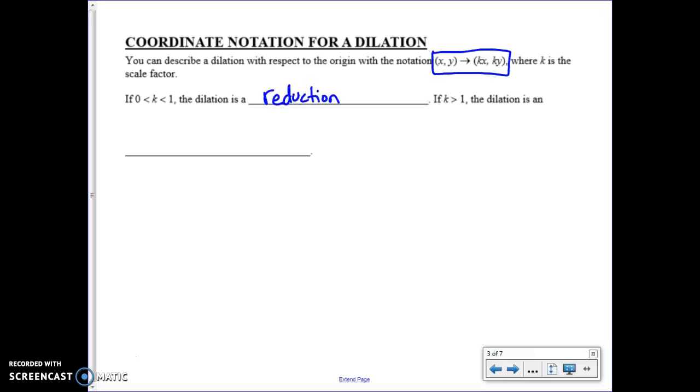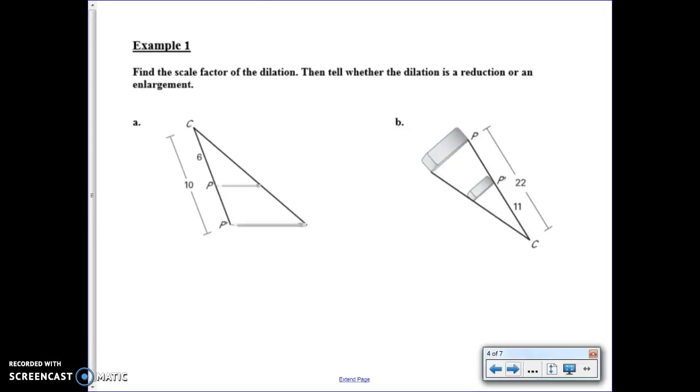If k is bigger than 1, the dilation will be an enlargement. Which should make sense: if you're multiplying by something greater than 1, the number is going to get bigger. If you're multiplying by something smaller than 1, the number is going to get smaller.